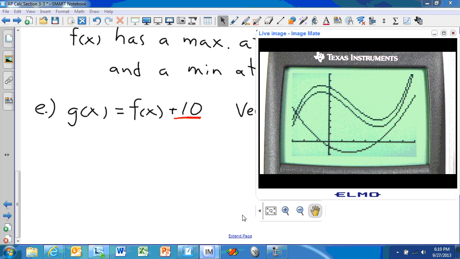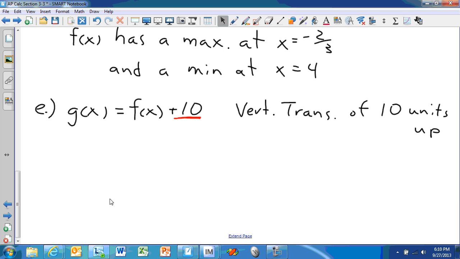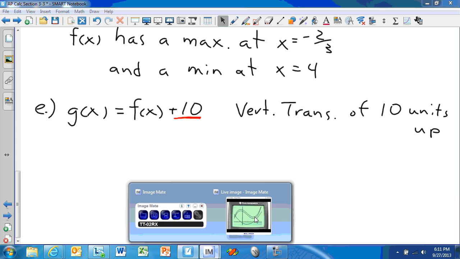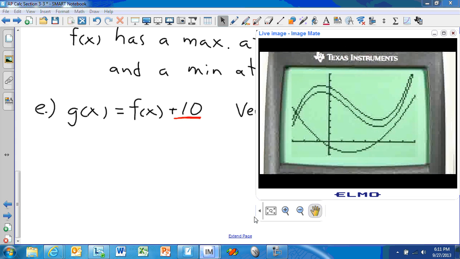All right, the second part of this says to also, on the same screen, plot g prime. So if we consider what g prime of x is, g prime of x, of course, is going to be the slopes of this function that we just defined. So if we compare, let me go back to my graph there, the original function f of x with g of x, all we did was shift that function up 10 units.